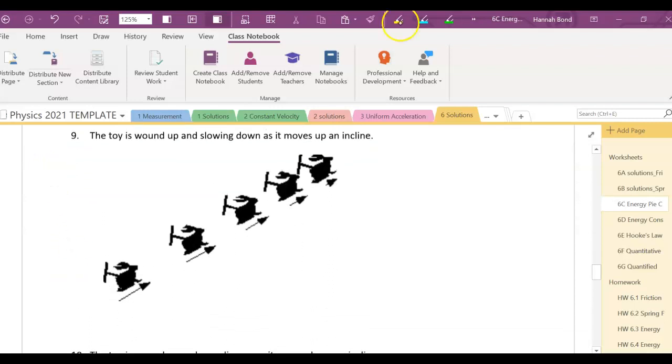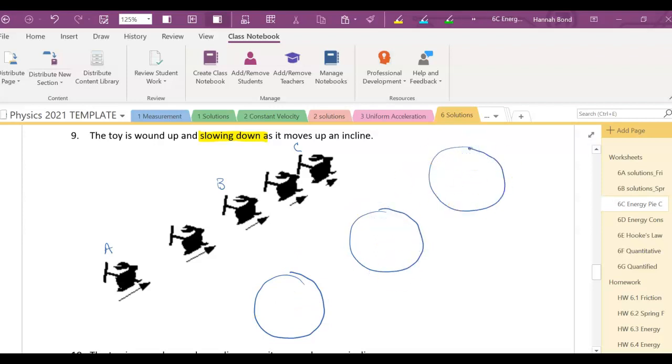Okay, in this one, it's similar, but now it is slowing down as it moves up the incline. So let's see how we might show this scenario. So again, I'm choosing 3 positions to show the energy pie charts.